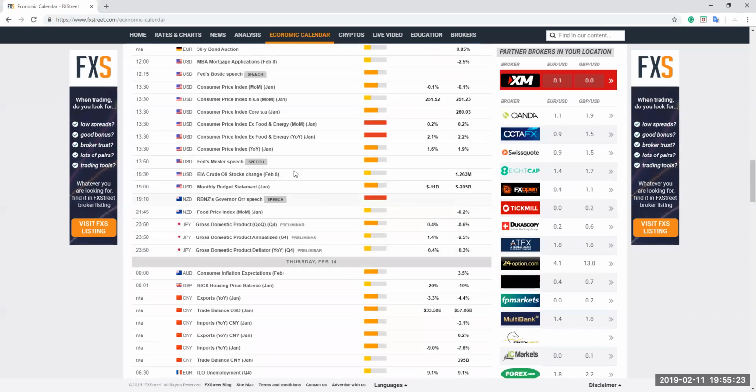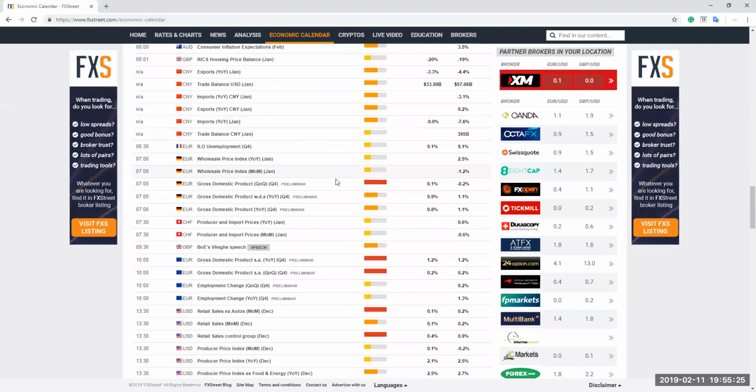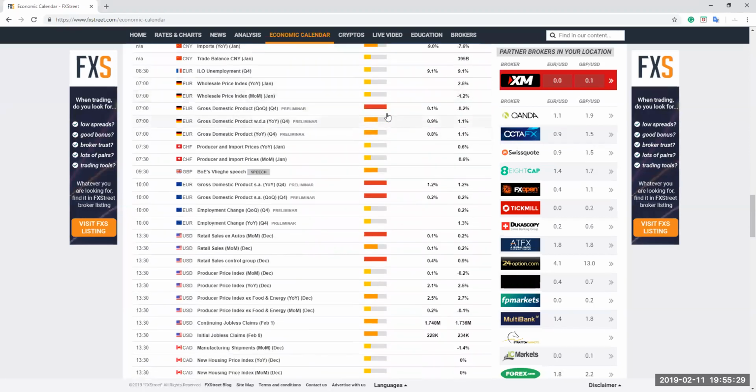Yeah, that's it for the Wednesday. Thursday, we have a lot of euro. We have GDP for euro. GDP is not one of the most important, but it is an important indicator because it tells us where the future of the currency is going in the short term. So for us looking at swings, maybe we're looking for 1 to 4 week swings.